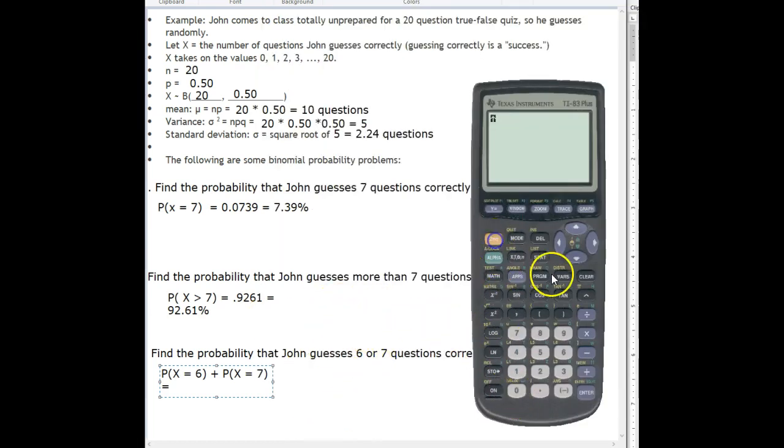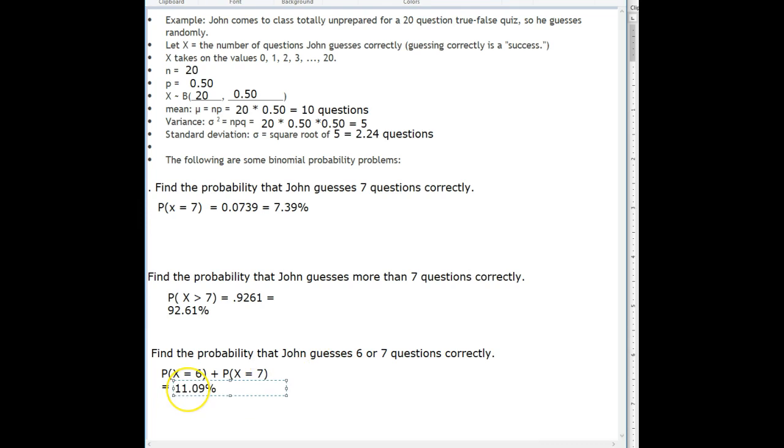So we are going to hit second distribution, binom PDF, and 20, 0.5, 6, close parentheses, plus, and then we'll go back and do it for the probability that it equals 7. All right, so there's our equation. We're adding these two. We hit enter, and we get 0.11089, so that would be 11.09% chance, the probability that John guesses 6 or 7 questions correctly.